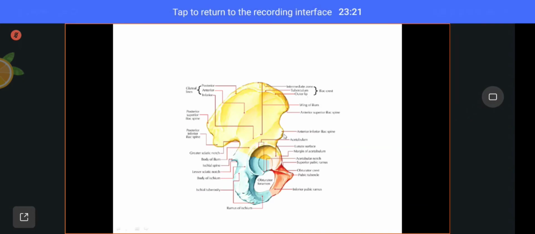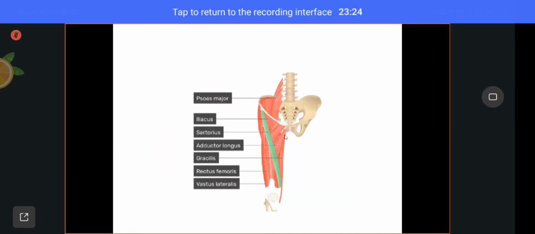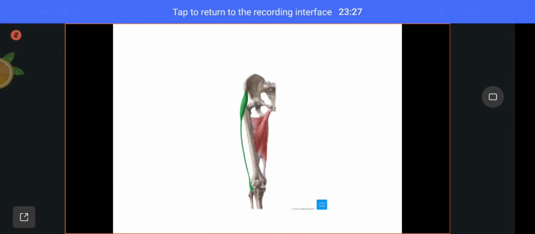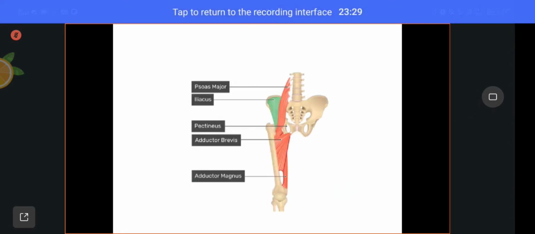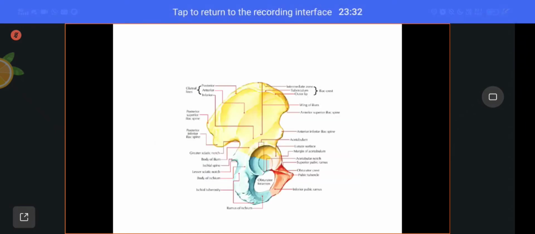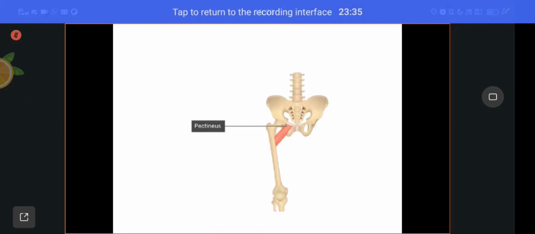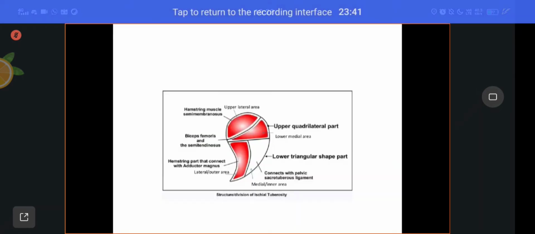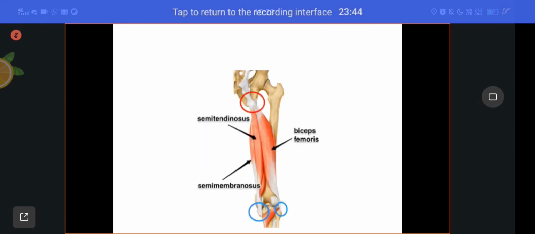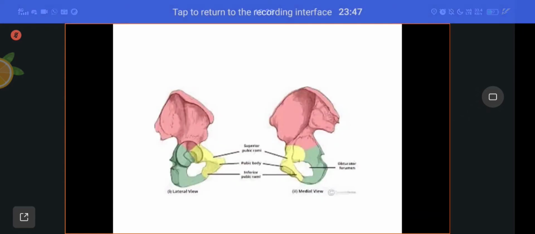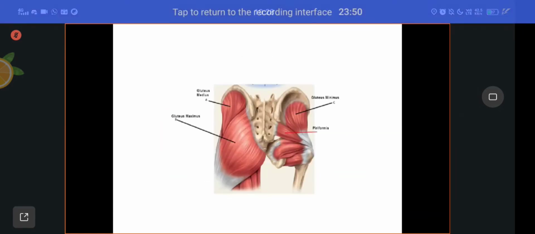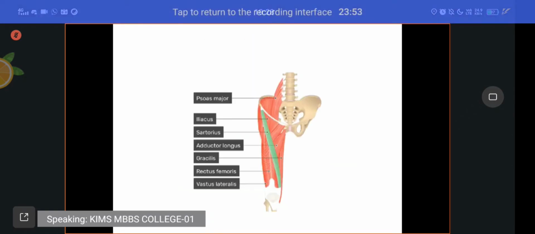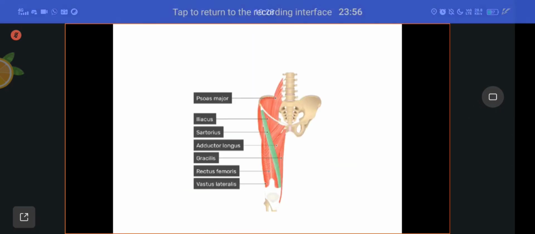So where is this rectus femoris? If you see here, this is the anterior compartment of the thigh.